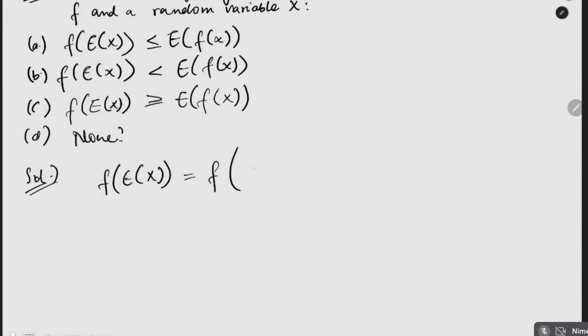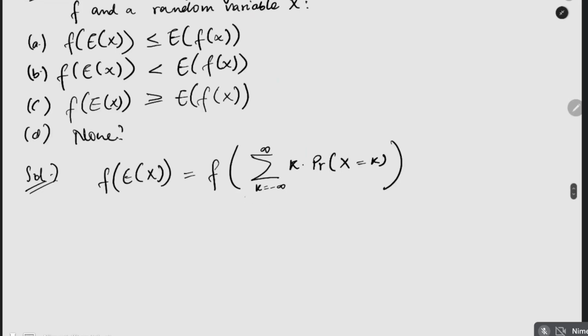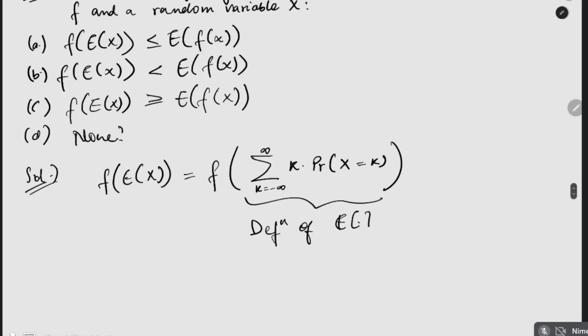The expectation we can write as the sum from minus infinity to infinity of x times the probability of x equal to k. This is the definition of the expectation operator.